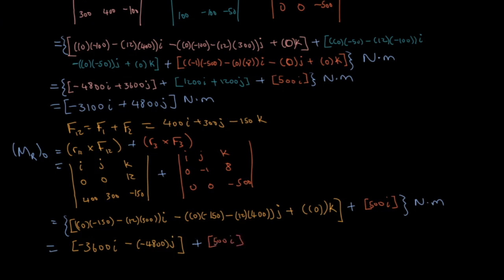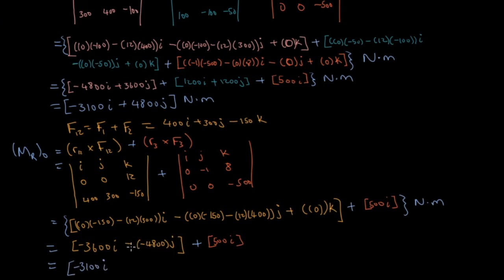And then now we collect the terms here. As you can see, when we sum this up, negative 3600i plus 500i is equal to negative 3100i.